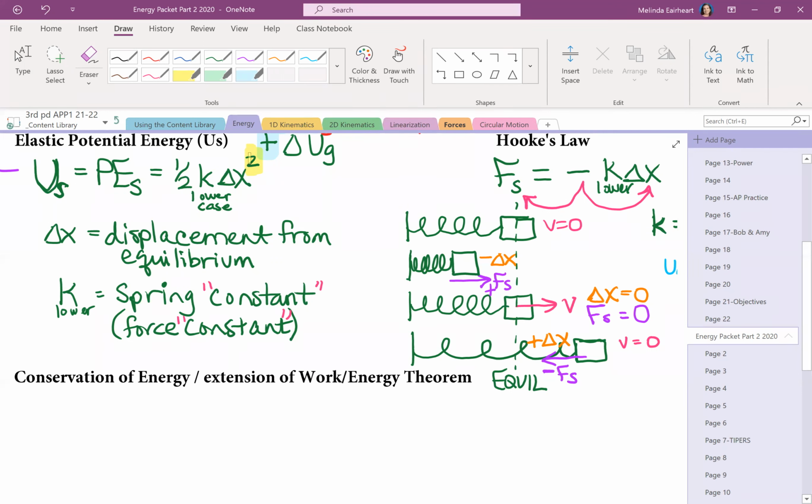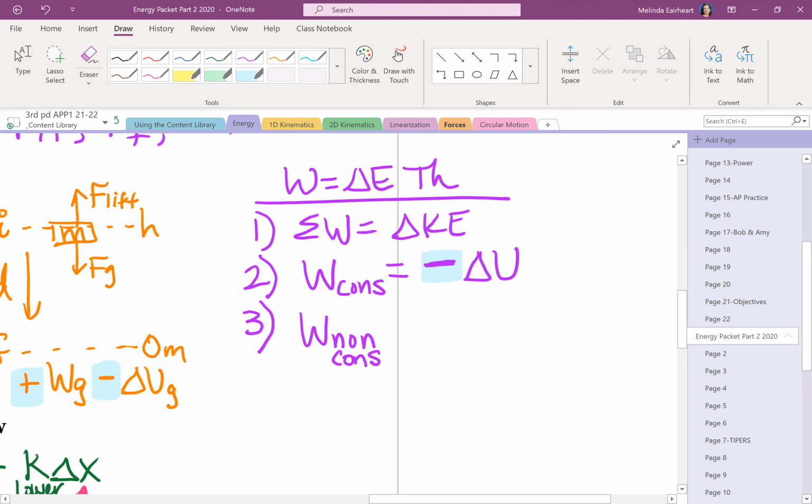And so this next one is kind of big picture. Our last variation of the work energy theorem is about the non-conservative forces. And later on, I'll simplify these to WC, WNC, just to save a little bit of time.